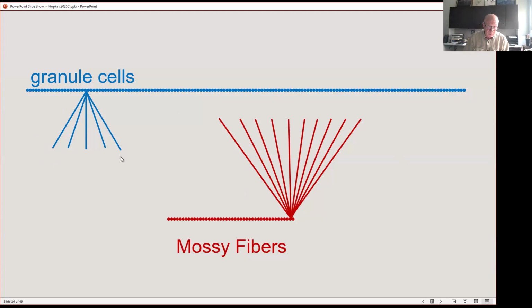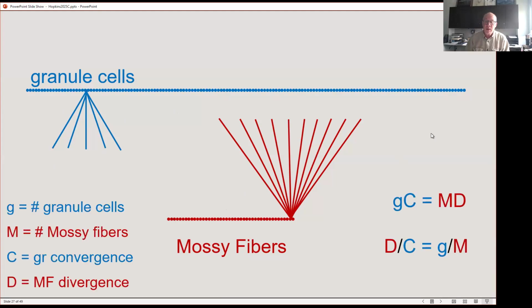Why is it 5-ish? If there's a fixed number of mossy fibers and a fixed number of granule cells, then we should keep in mind some of these truths: the number of granule cells times their convergence has to equal the number of mossy fibers times their divergence. That just means that there's the same number of presynaptic elements as there are postsynaptic elements.